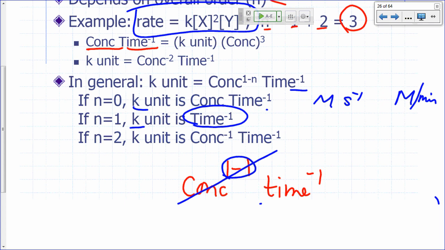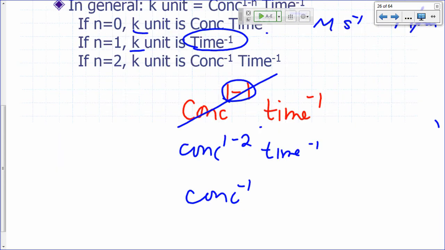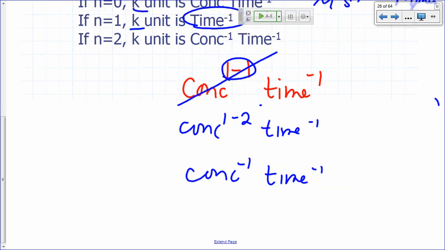If it's second order, then concentration raised to the power 1 minus 2 times time raised to the negative 1 would give me concentration to the negative 1 per unit time. So what would be an example of a second order rate constant unit? It could be reciprocal molarity per unit time, right? So I can write it that way.